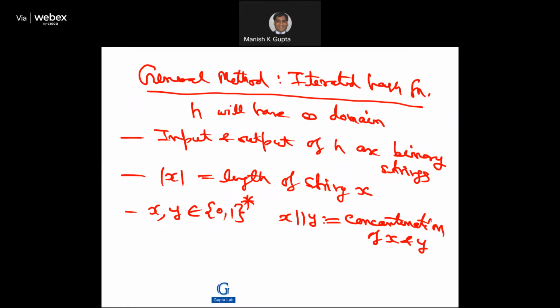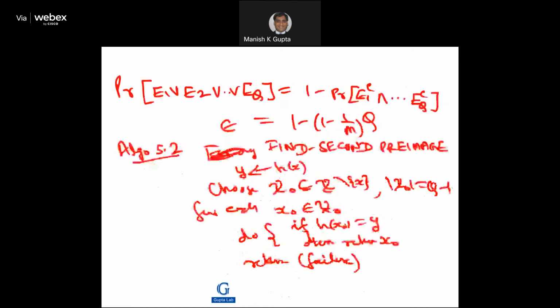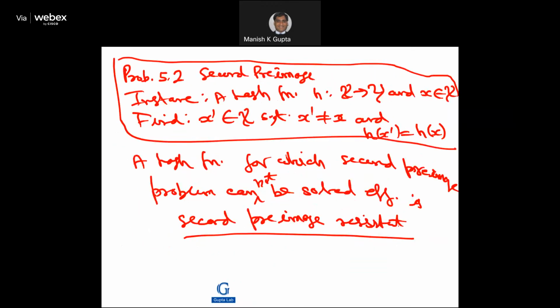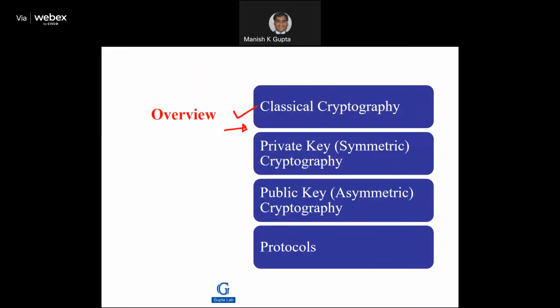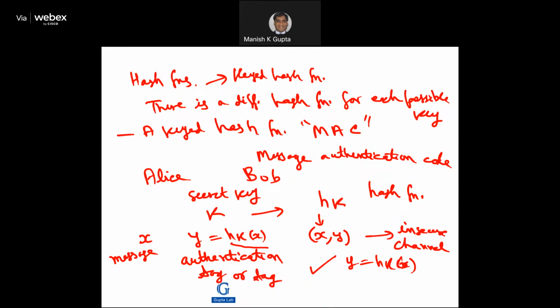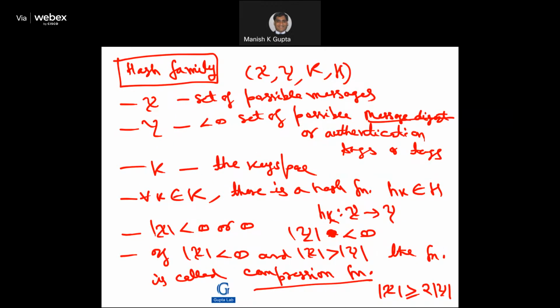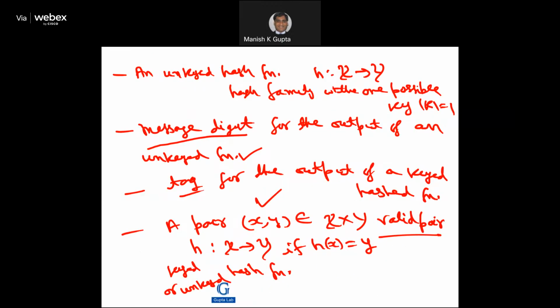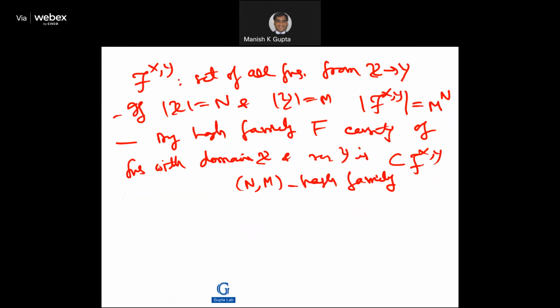In the previous case, X is a set of possible inputs and Y is the output, and h has a finite domain, right?